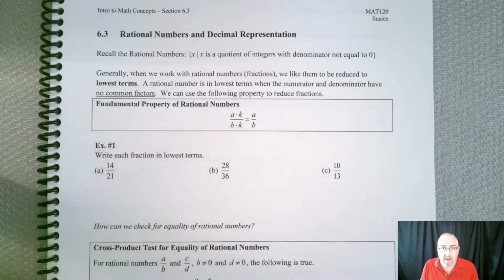So that's kind of the idea. We're trying to find some common number that goes into both the top and the bottom that we can cancel out, and that will allow us to reduce it.